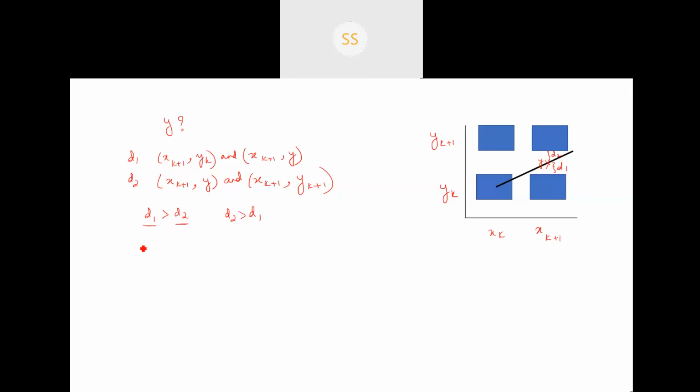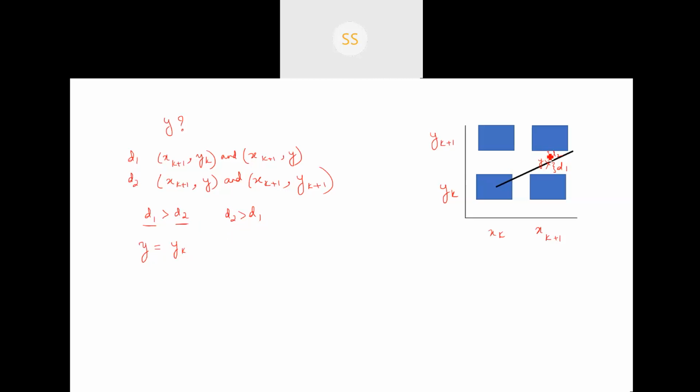When this distance is less, obviously I'll be using the same y value as before, that is yk. So my y is going to be the earlier y value itself, that is yk.